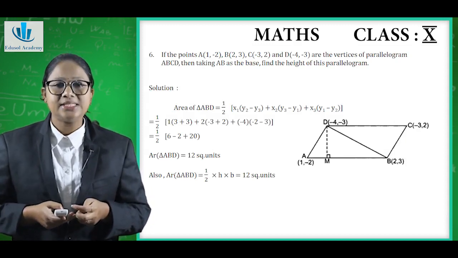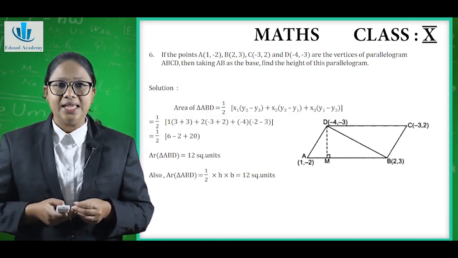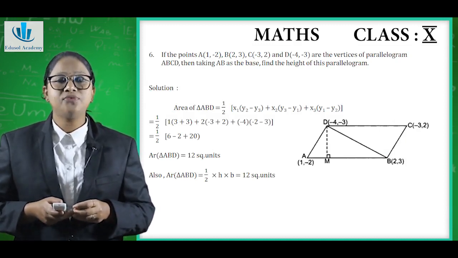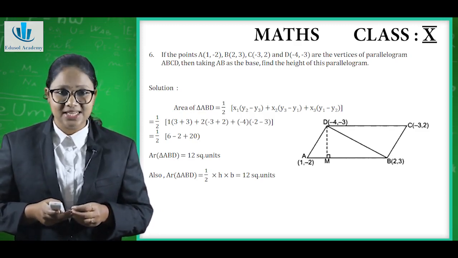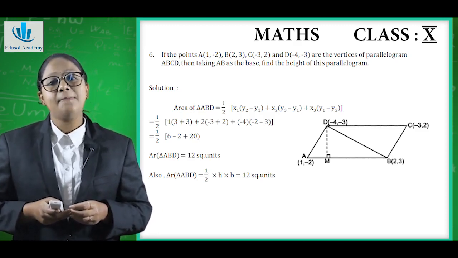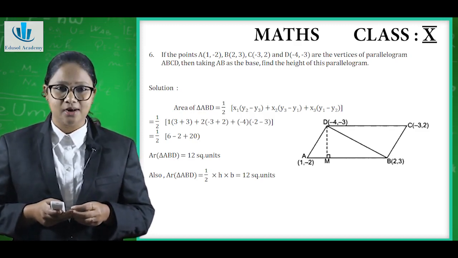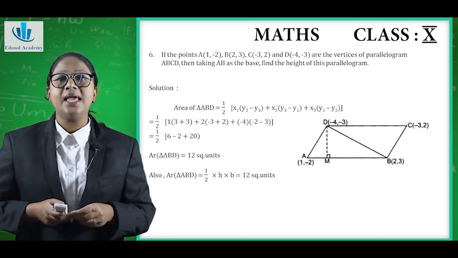If the points A of 1, -2, B of 2, 3, C of -3, 2 and D -4, -3 are vertices of a parallelogram ABCD, then taking AB as base, find the height of this parallelogram. You can see the parallelogram given in the figure.